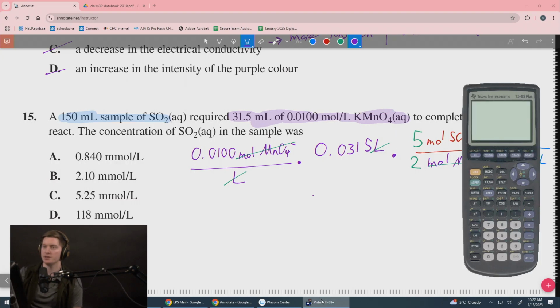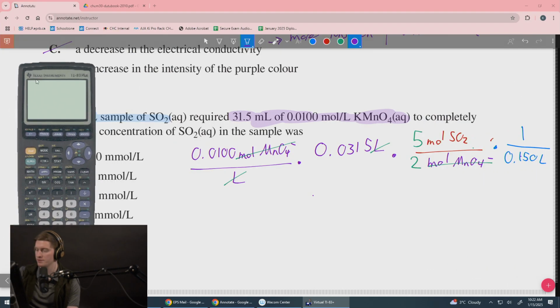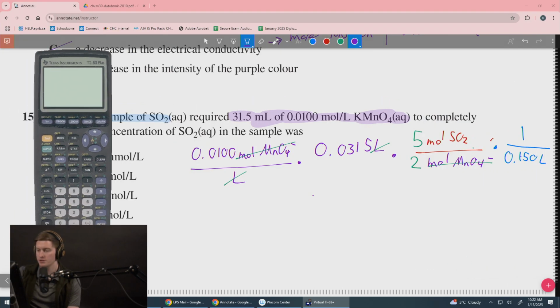Here's my calculator. I'll move it so that I can see all of my numbers that I put together. So I will start with my 0.0100 moles of permanganate, multiply by my volume, 0.0315. And then I'm going to multiply by my mole ratio, which is 5/2.